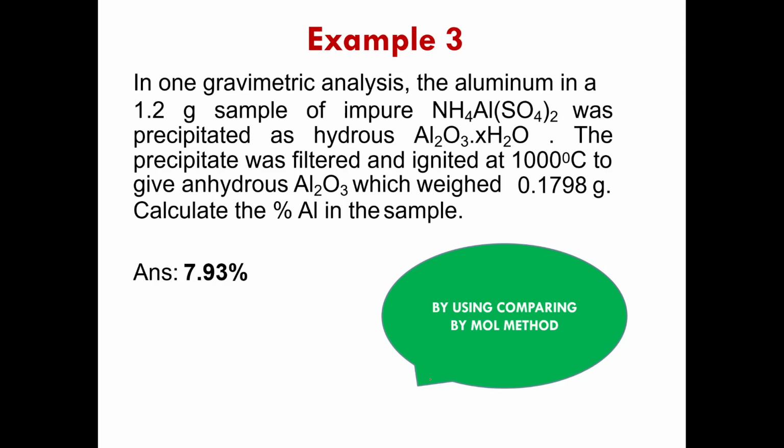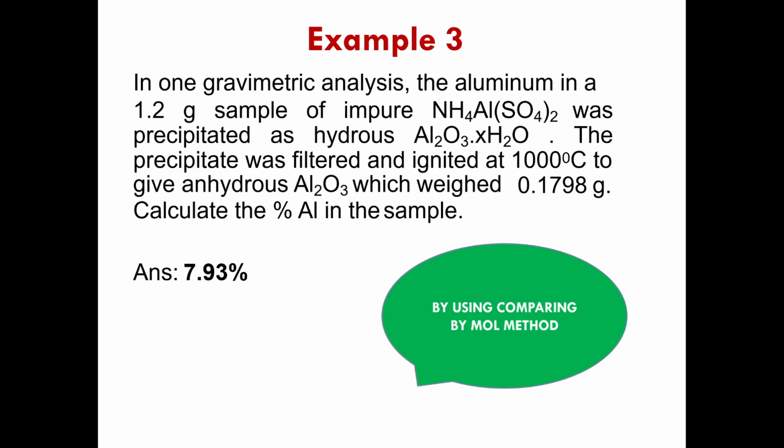For example number 3, I will explain by comparing the mole method. This is another method other than using the gravimetric factor or the chemical factor. So we look at this question. In one gravimetric analysis, the aluminium in 1.2 gram of impure sample, NH4Al(SO4)2, was precipitated as anhydrous aluminium oxide.